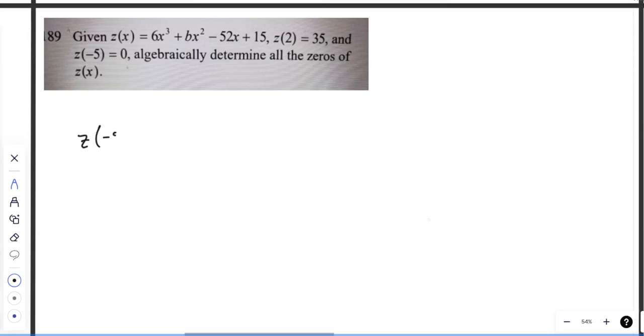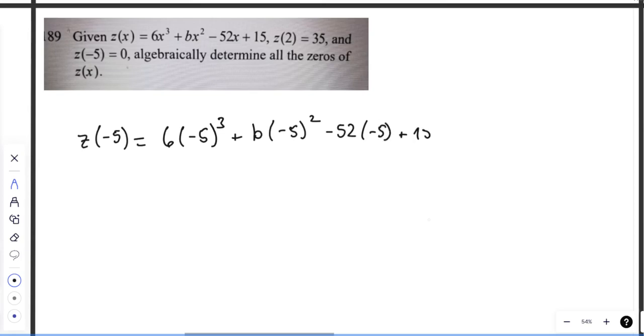If we have z of -5, that's equal to 6 times -5 cubed plus b times -5 squared minus 52 times -5 plus 15. That's all equal to 0. That's one of the zeros, by the way, we already found. And there's going to be 2 more, because this is a third-degree polynomial.